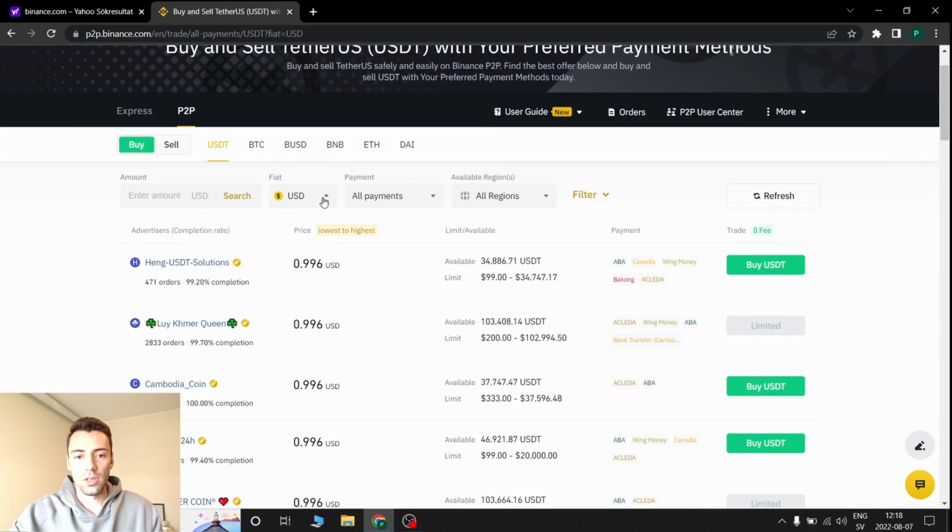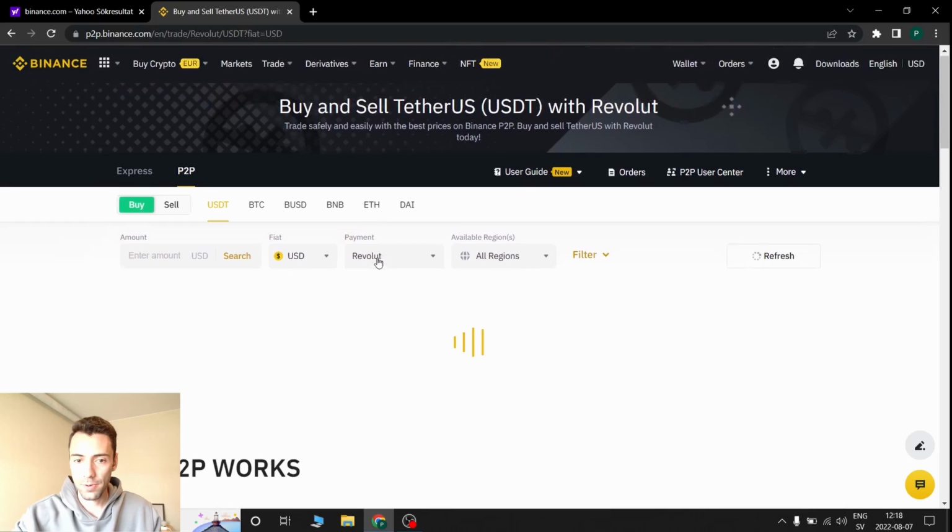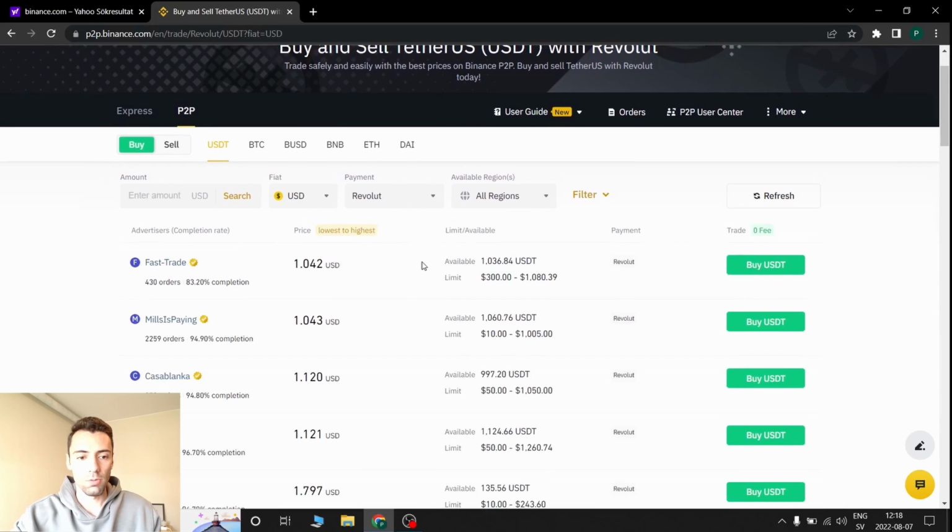So we have the USD, and then you choose your payment method. For example, I'm going to choose Revolut here, PayPal, or any other service that you're going to use.